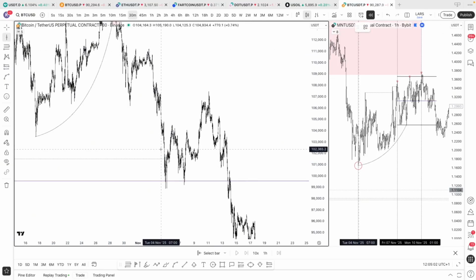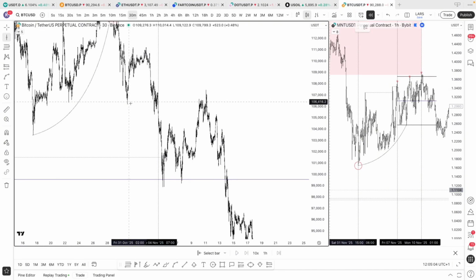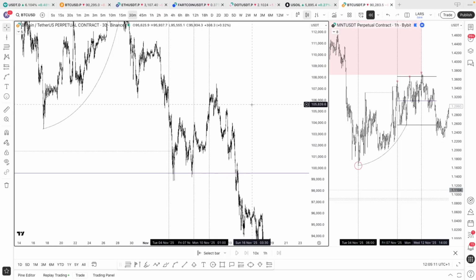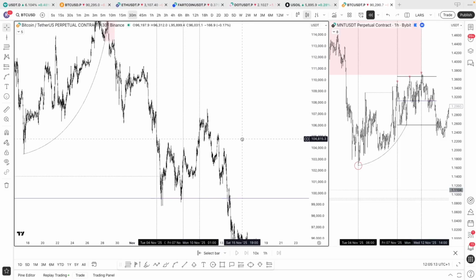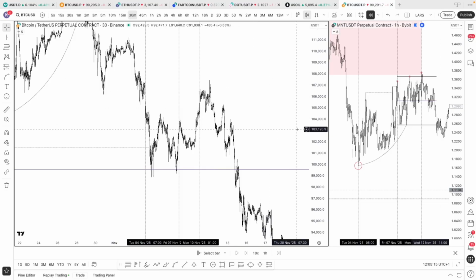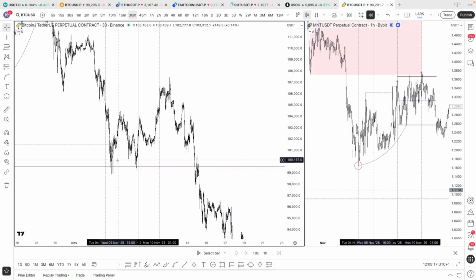So as MNT is pulling up right there, we have this, and then we have this right here. So what can we see?